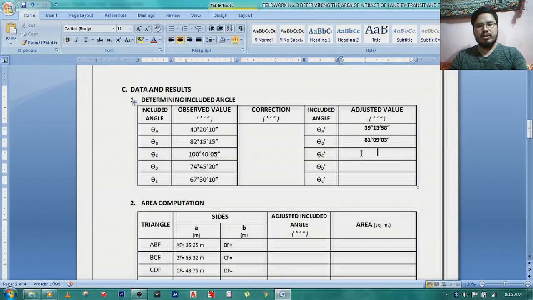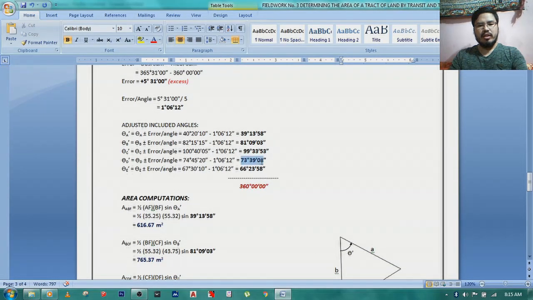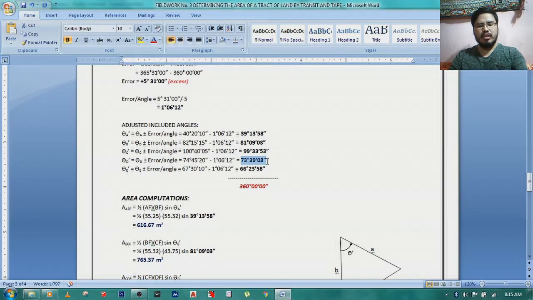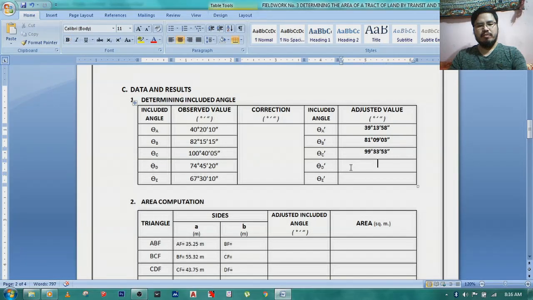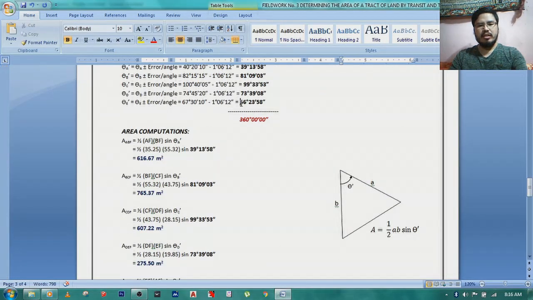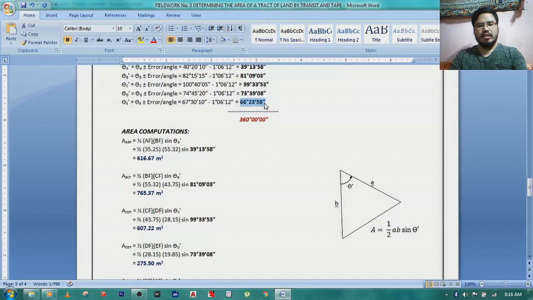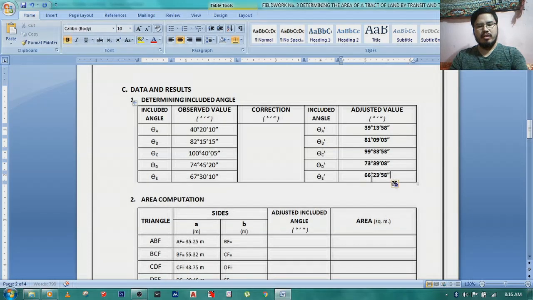Make sure, class, that your data tabulation should not be empty. It should be filled with data. Make sure it is not left empty.